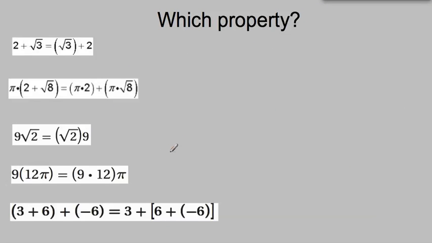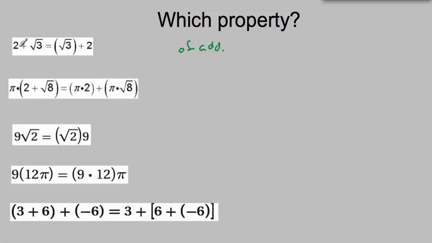Now let's take a minute and look at these properties. Which property is represented in this first problem? Well, we're dealing with addition, so it's going to be something of addition. What is it? Let's think back to commutative changes the order. Associative changes where the parentheses are but keeps the same order.